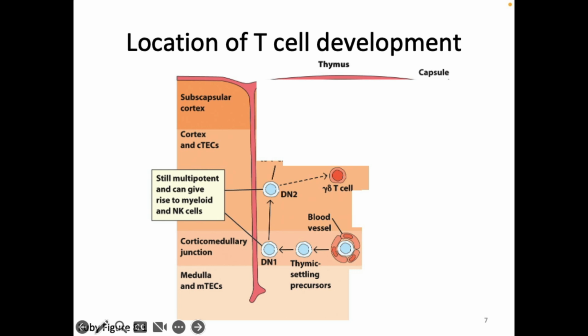What you can also see here is that cells this early, DN1s and DN2s, can still make some choices to go different routes of development if they want to. They're not 100% totally committed. They'll get totally committed later. Our cell has not yet decided if it's going to be an alpha beta T cell or a gamma delta T cell. So it's still making some choices. It has not yet declared its major.